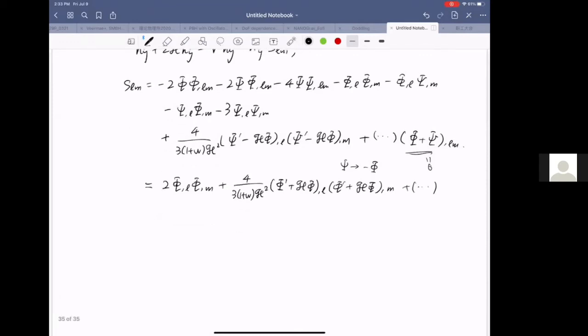So this is the source term we have. And for the total derivative, we can just neglect it because it's in the equation of motion.